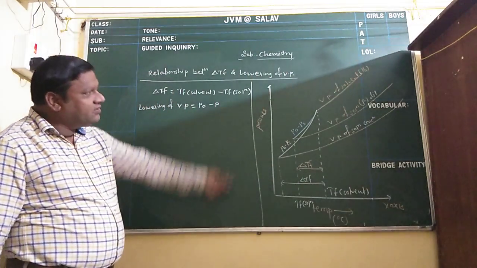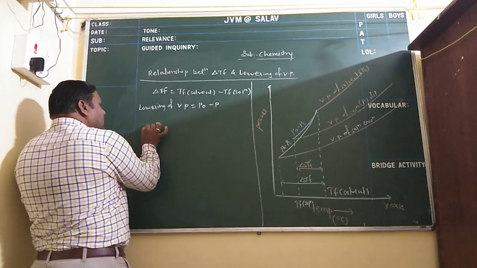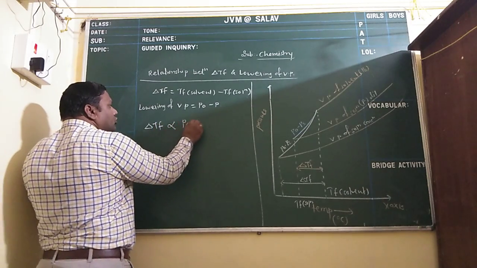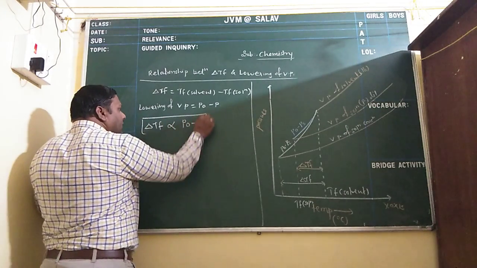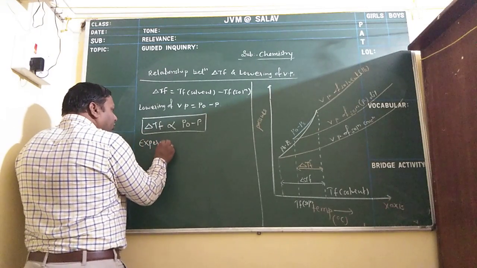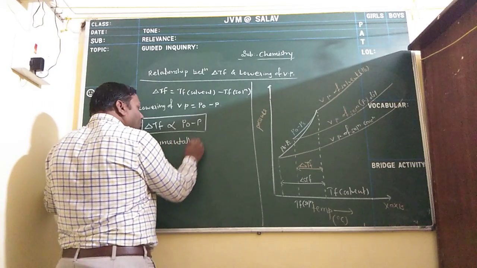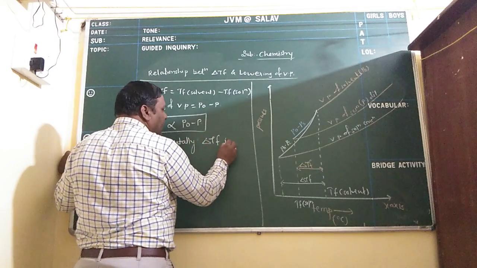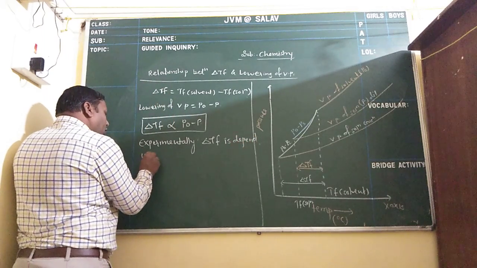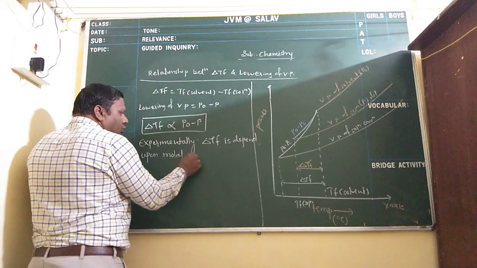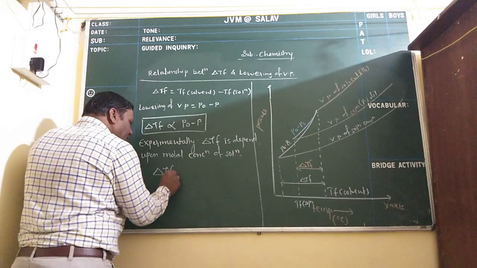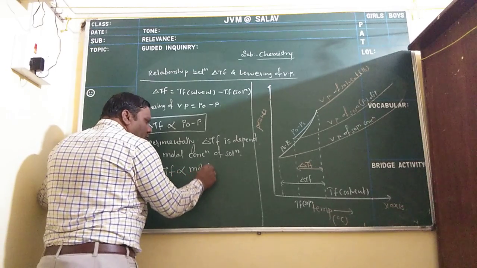So by using this graph, it clearly says that del TF is directly proportional to P0 minus P. But experimentally, del TF depends upon the molar concentration of solution, and hence del TF is directly proportional to molality.